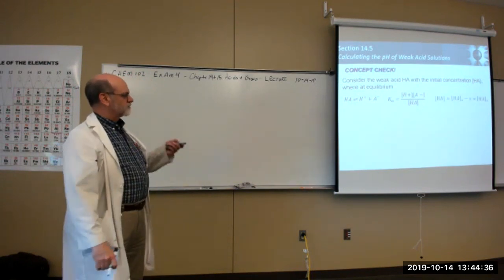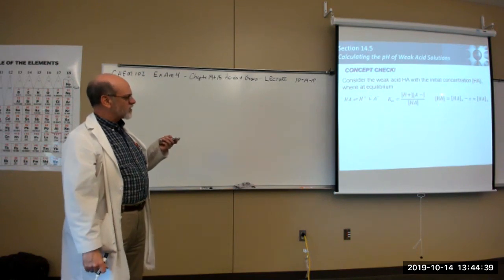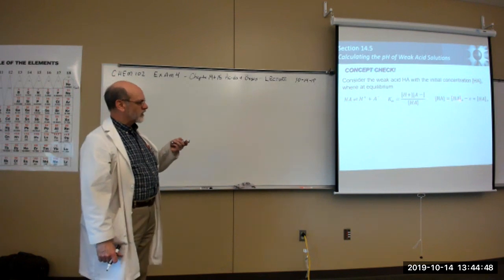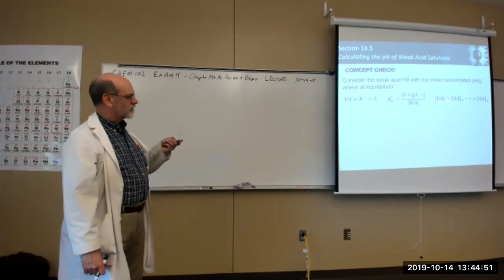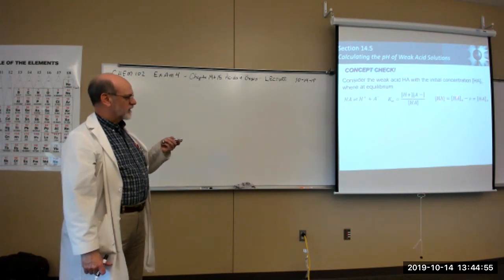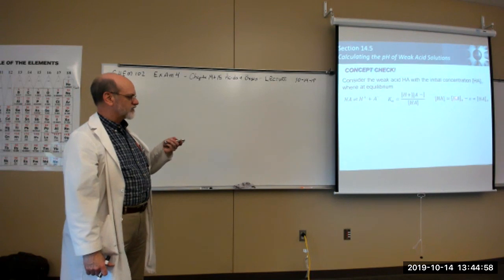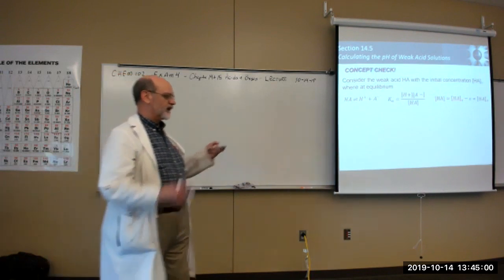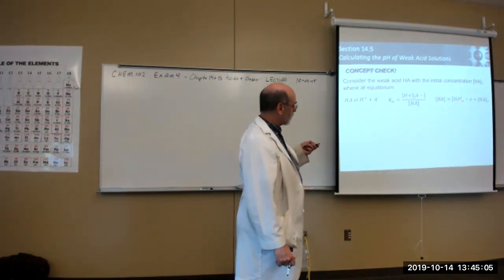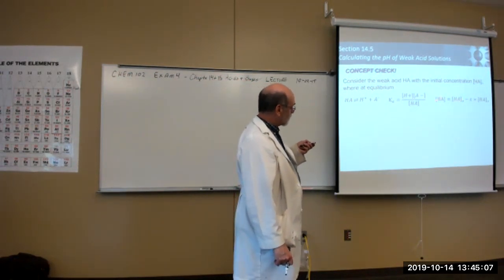Then we compare the value of HA at equilibrium to the initial concentration of HA. That's what the little 0 means. This is what we started with. This is what we end with. So this is going to be the equilibrium situation, and that actually should be parentheses, not brackets. But we stuck the little 0 down there to distinguish the two. This is what we start with. This is equilibrium, because we subtracted some of it.